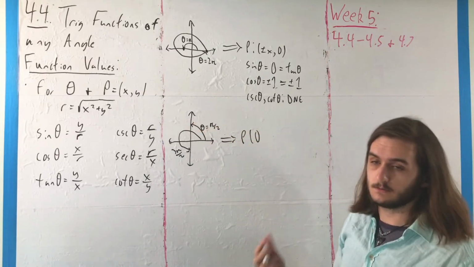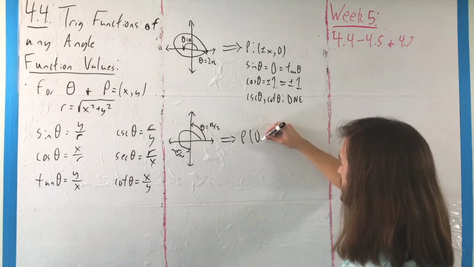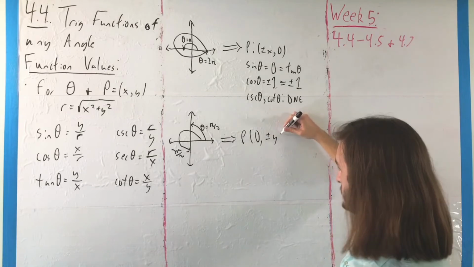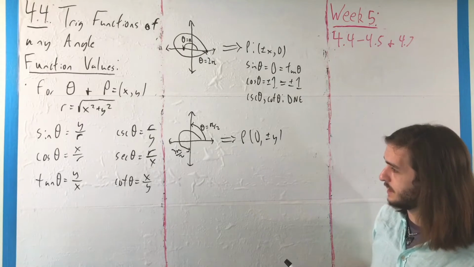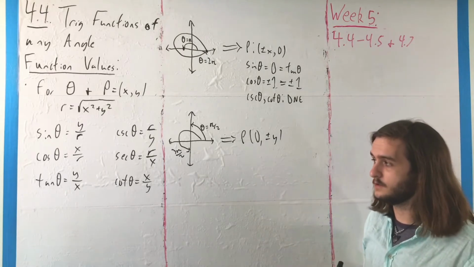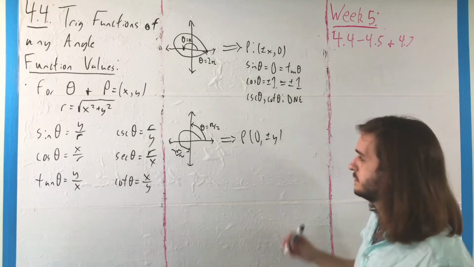Along the y-axis means you don't have any x values. And as a result, anything with an x in the numerator is now going to be 0.